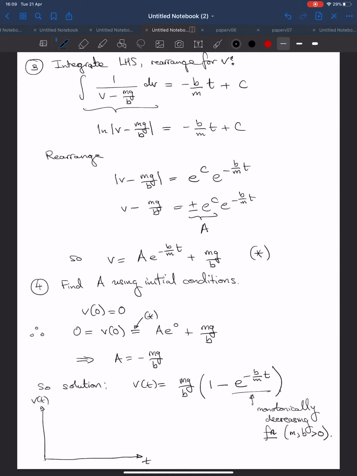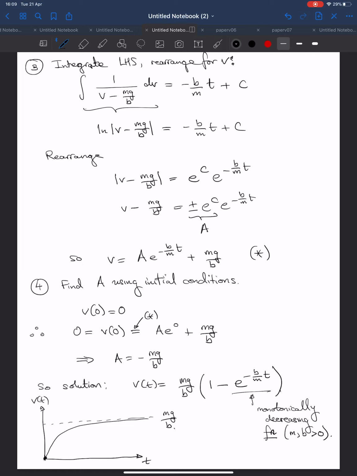Of course, we start where t equals 0, we start at 0. And then as we increase with time, the size of this exponential term will just become smaller, so we get something like this. And we approach a horizontal asymptote. This horizontal asymptote corresponds to mg over b.